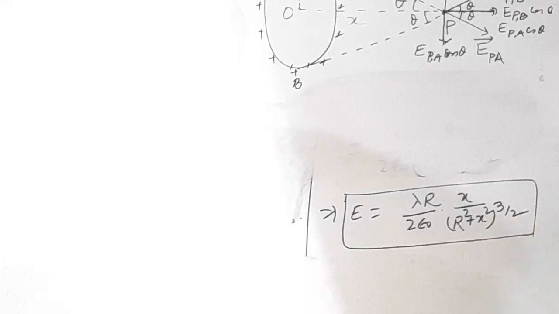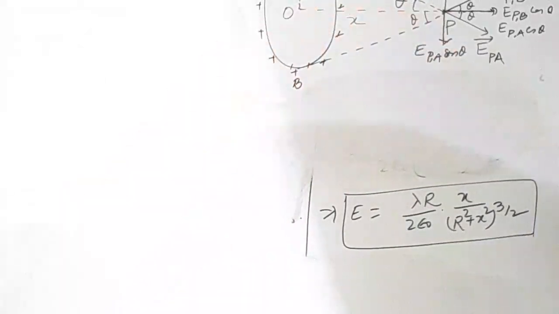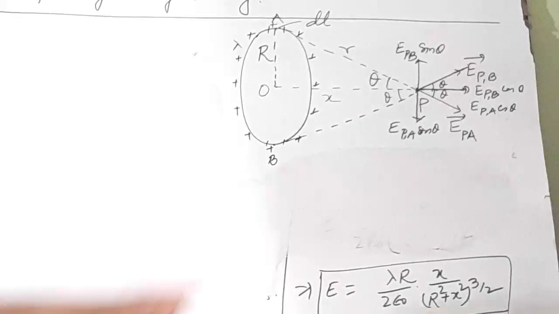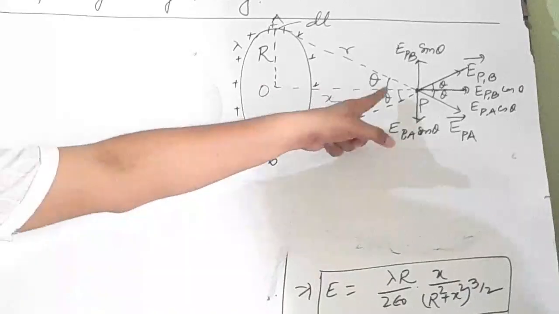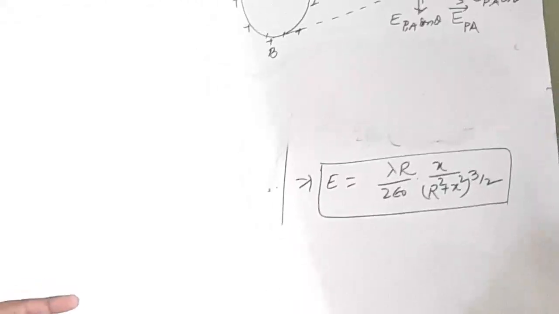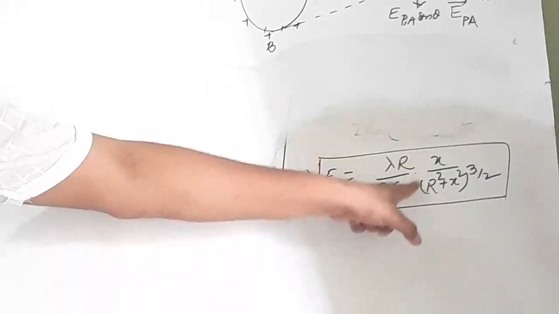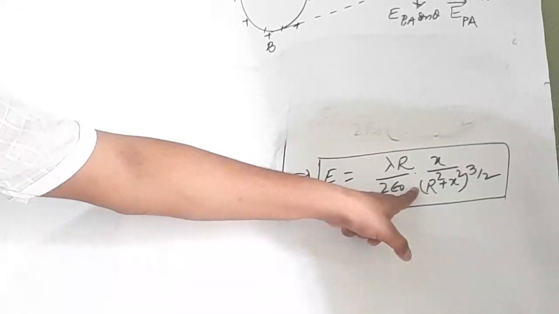Now see what will happen if this point P will lie on the center of the ring. Means this P is at the center of the ring. Then this x will become 0. And if you put x is equal to 0 in this formula, what will you get? You will get E is equal to 0.